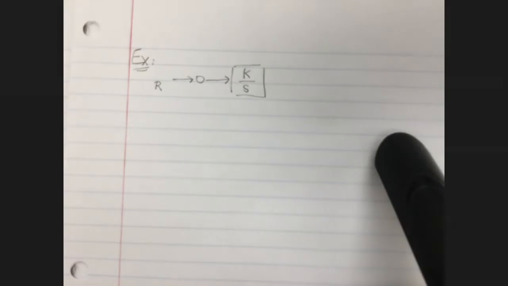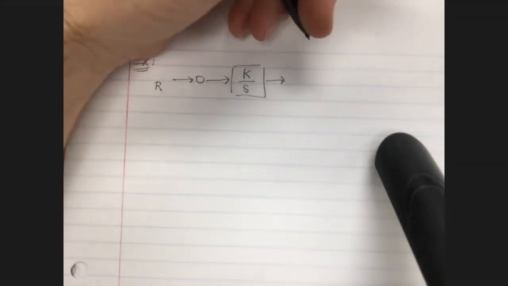So let's do this example right here. Let's say I've got good old reference input coming in there. Let's say I have a controller of the form K over S. That looks a little tricky. We used to just have K there.